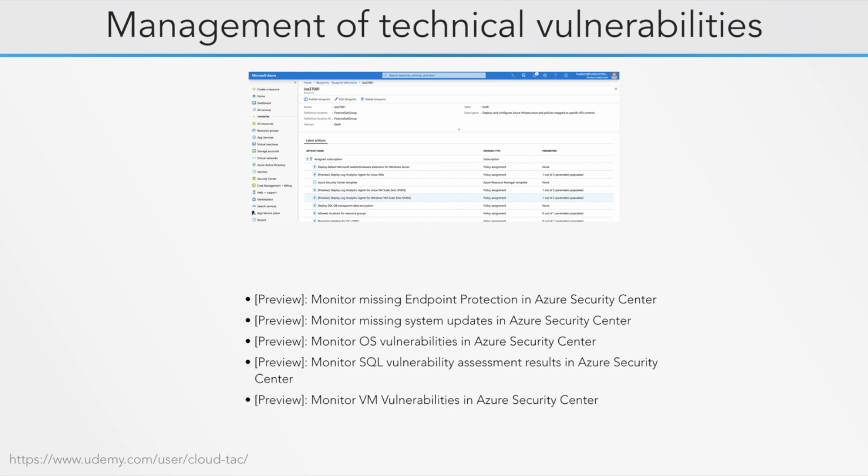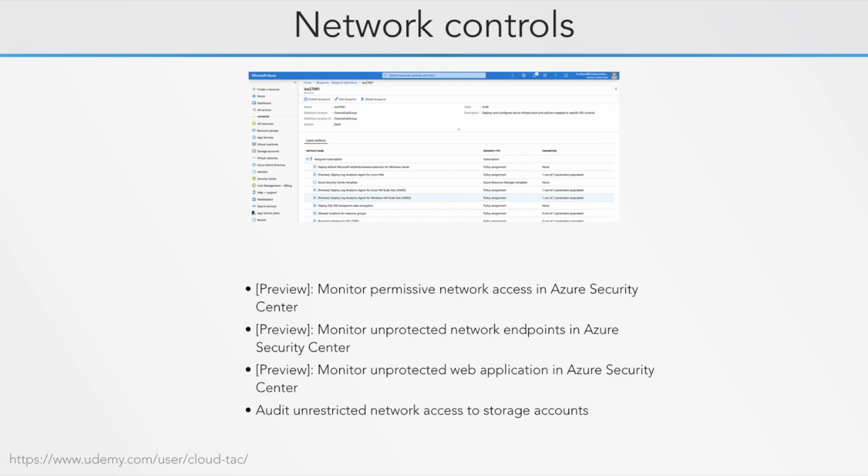Azure Security Center provides reporting capabilities that enable you to have real-time insight into the security state of deployed Azure resources. You manage and control networks by assigning an Azure policy definition that monitors network security groups with permissive rules. Rules that are too permissive may allow unintended network access and should be reviewed.